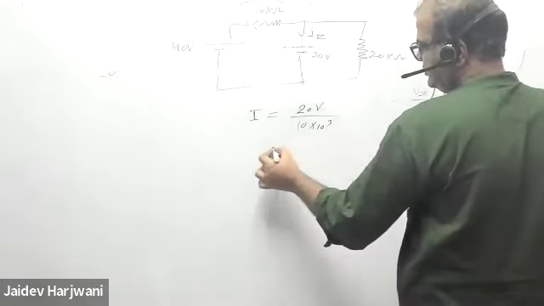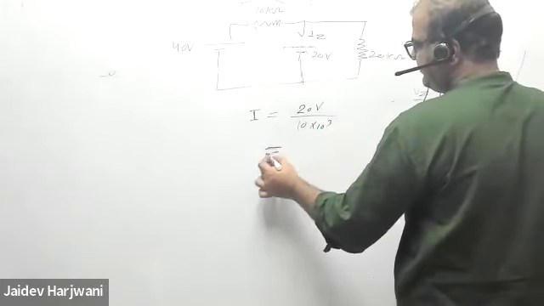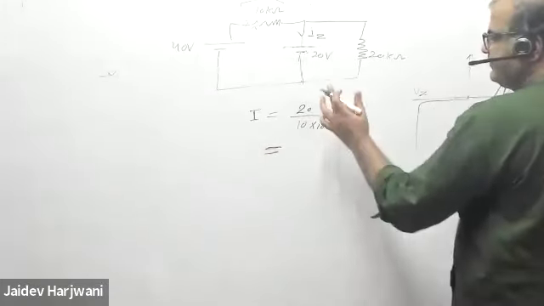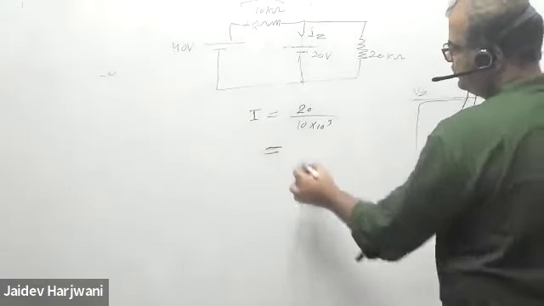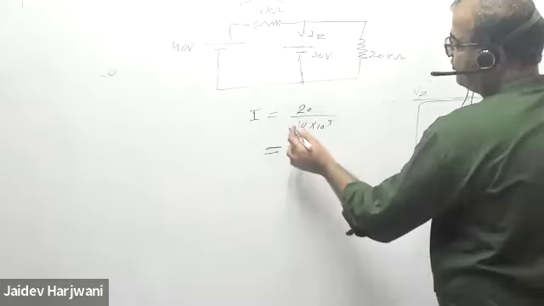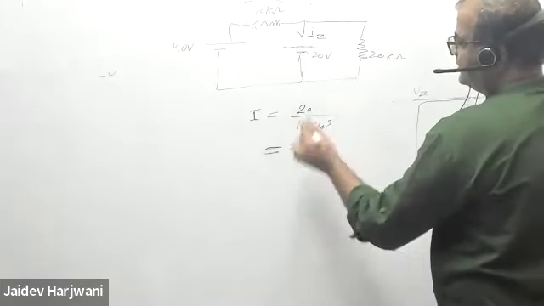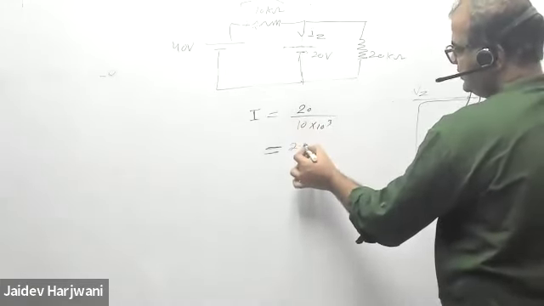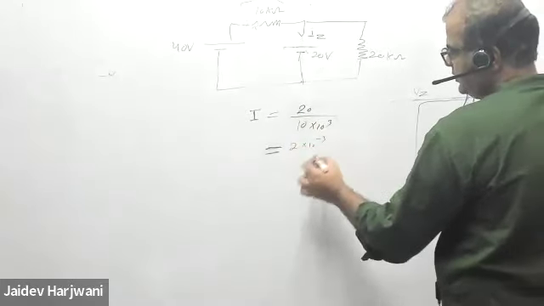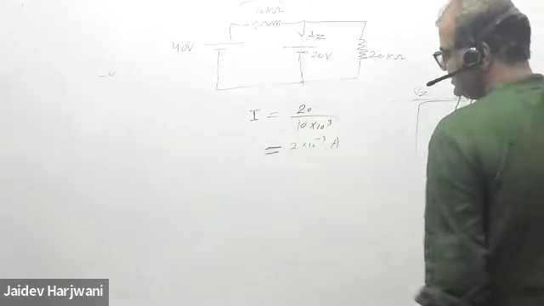So this gives me how much? Tell me, what is the I? 2 milliampere. Sorry. Okay, this is 2 milliampere is the current value.